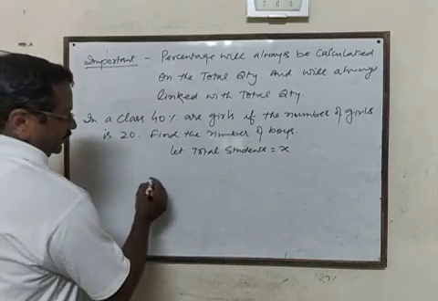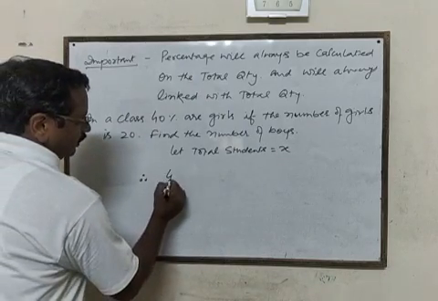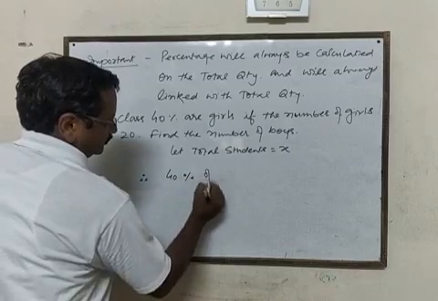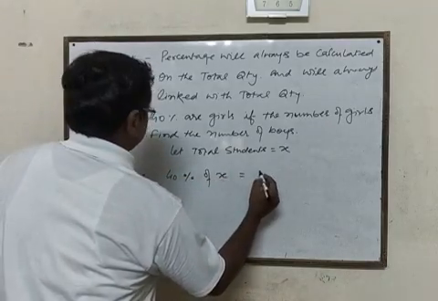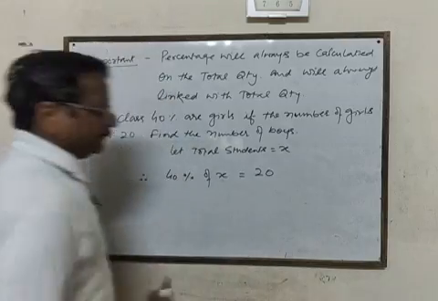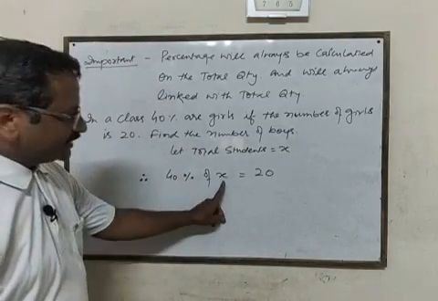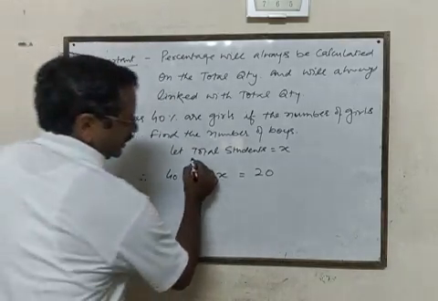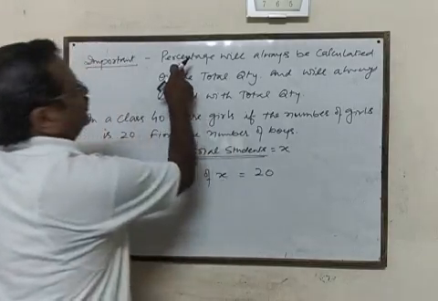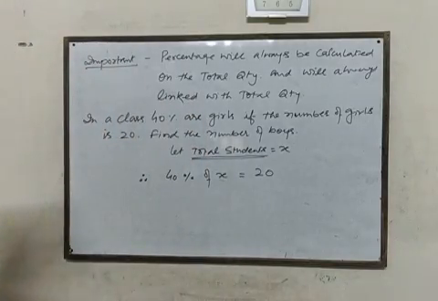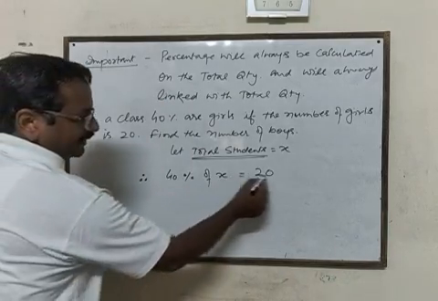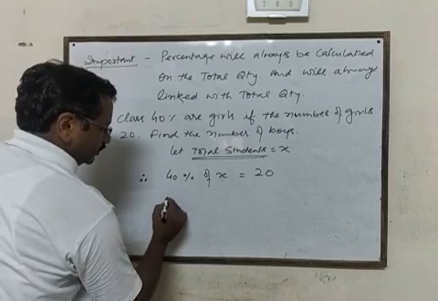So 40% of X is equal to 20, and this X is total student. Always remember this rule: percentage will always be calculated on the total quantity.